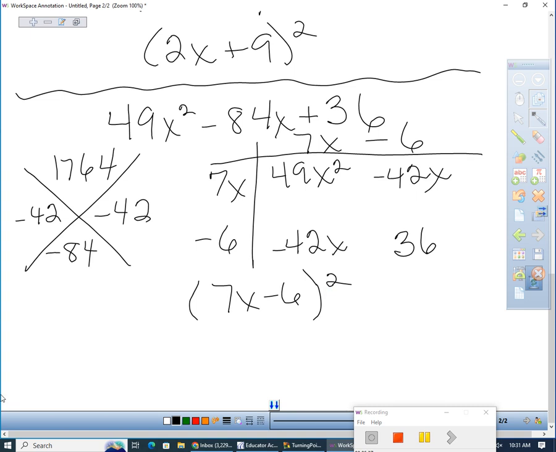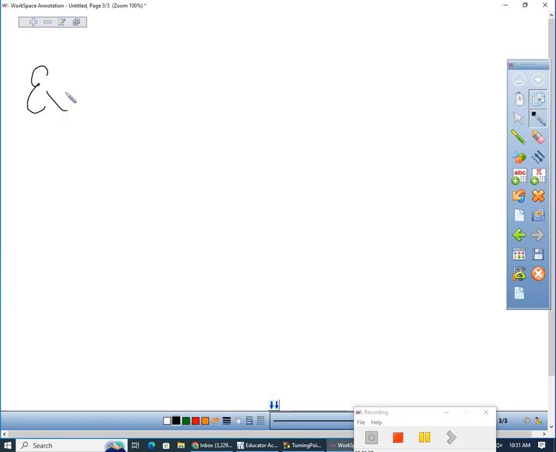Okay. So then let's move to difference of squares. Here is example number 3. It's actually 24 through 38.